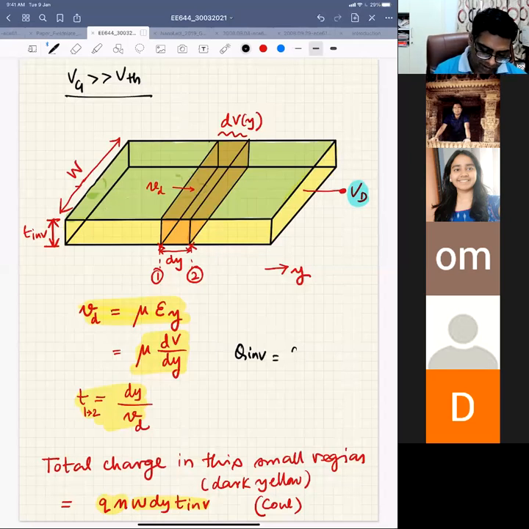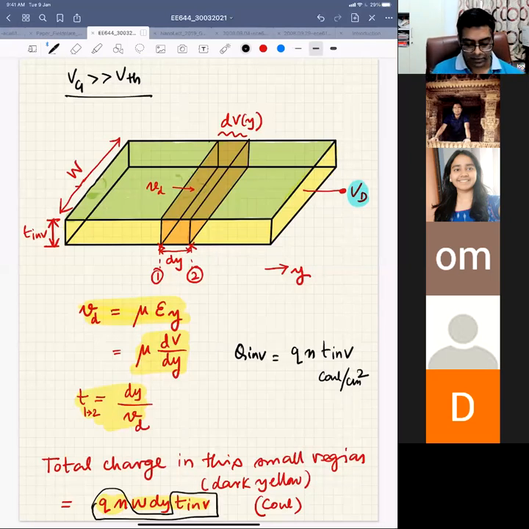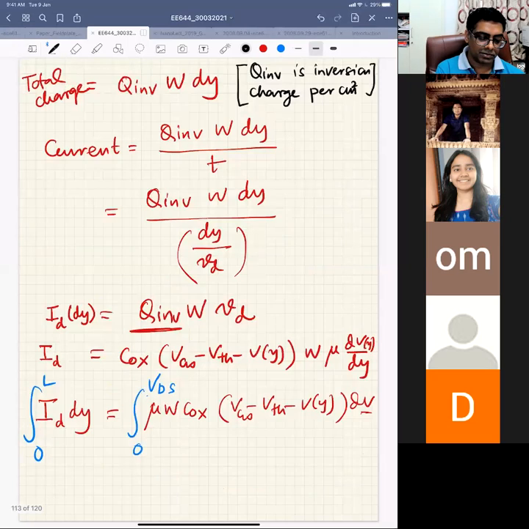Q inversion is nothing but q n T inversion, in coulomb per centimeter square. So I replace q n T inversion by Q inversion, and I have Q inversion times W times dy.